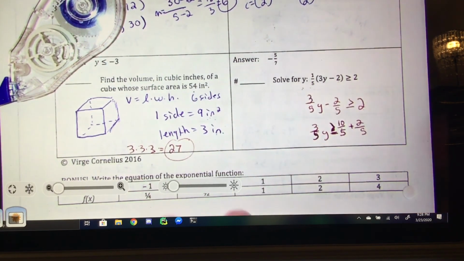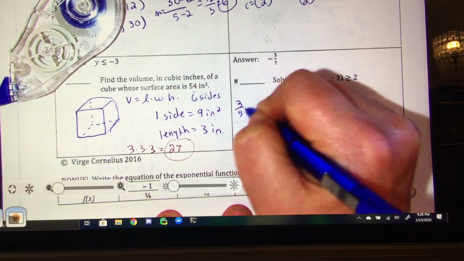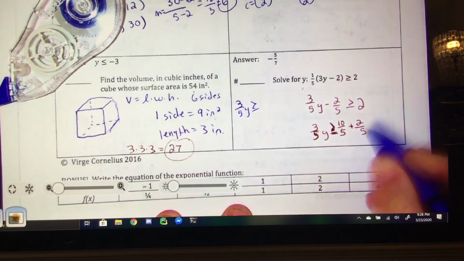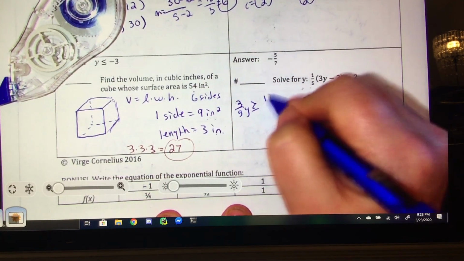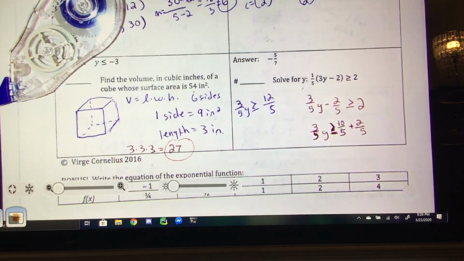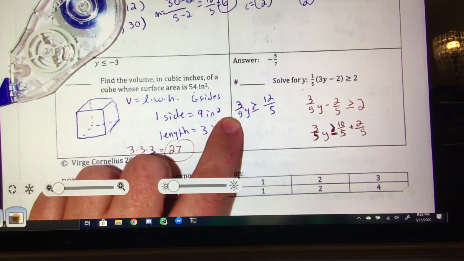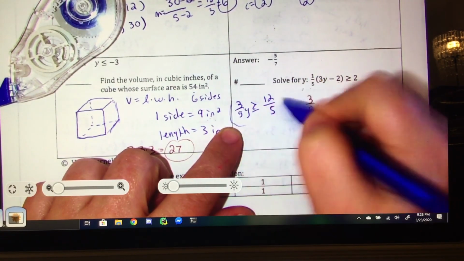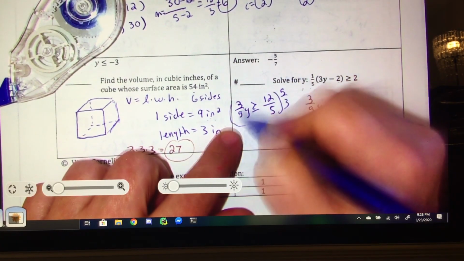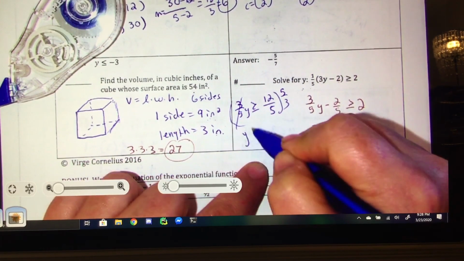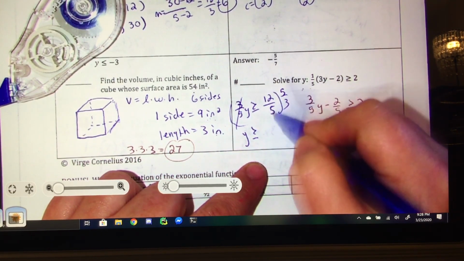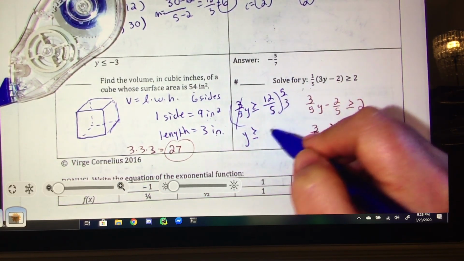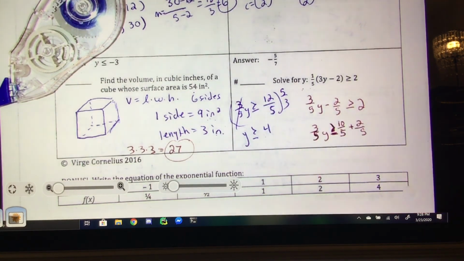I'm sorry about that. So I have 3/5 y is greater or equal to 10 plus 2, that's 12/5. And then I multiply by the reciprocal. You just flip it. So I multiply both sides by 5/3. So that goes away. So y is greater or equal to 4. And that is that video.